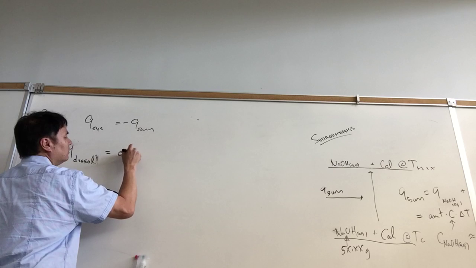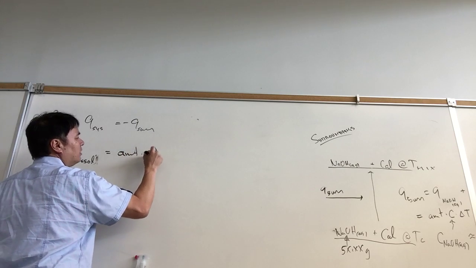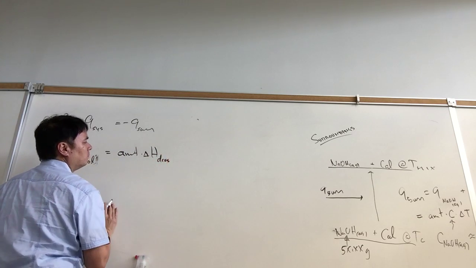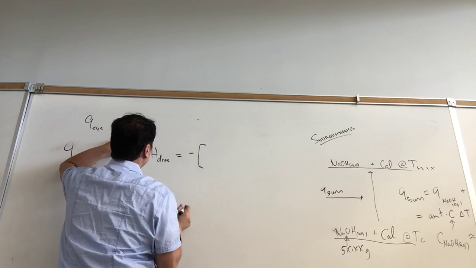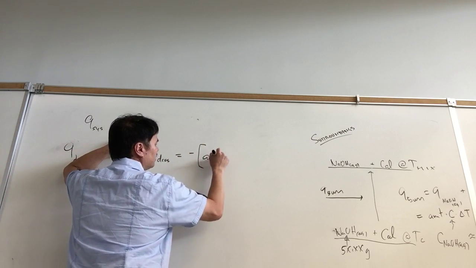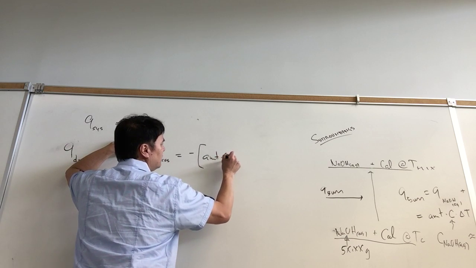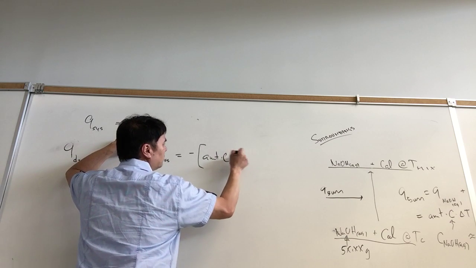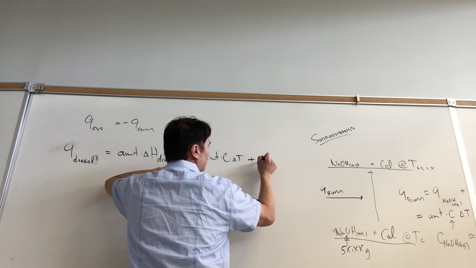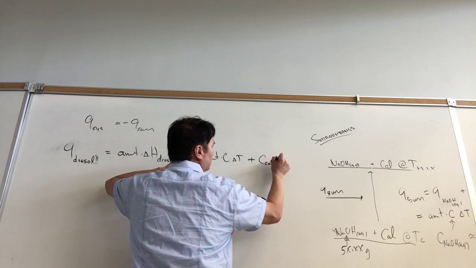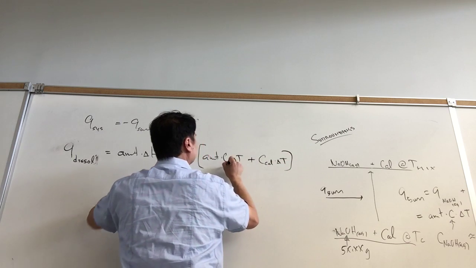The amount times delta H of dissolution. And this is going to equal the surroundings here. And the surroundings are going to equal the amount of product solution times C of the product solution times delta T of the product solution, plus C of the calorimeter times delta T of the calorimeter.